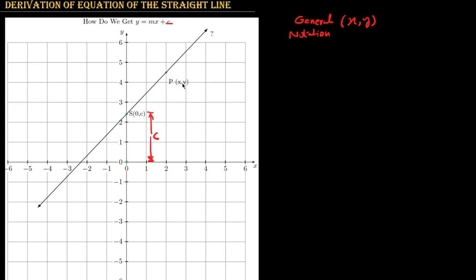And this P has coordinates x and y. So it means that x is the distance of P in this direction. This is just a coincidence that this looks like 2, but P can be anywhere. It can be here, so the distance will change. So this distance is x, and the distance of P from the x-axis is y.